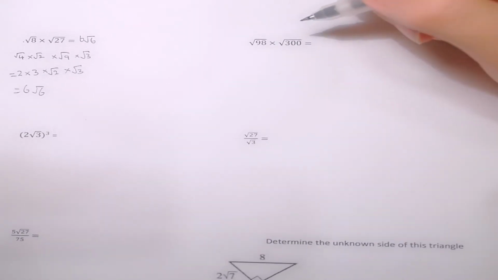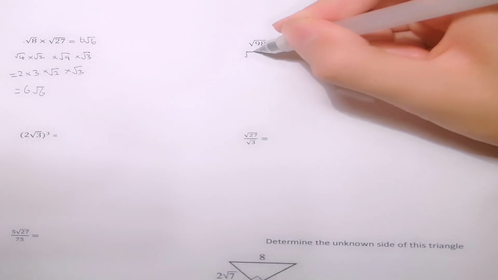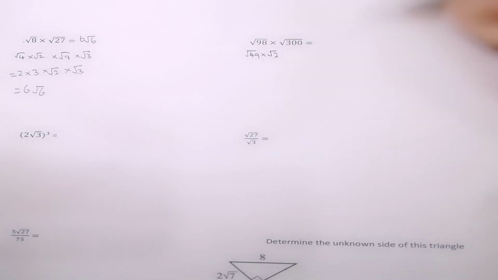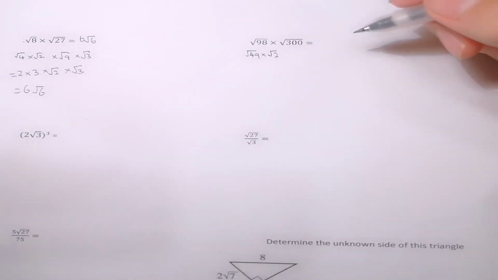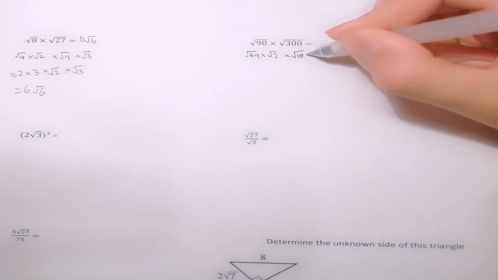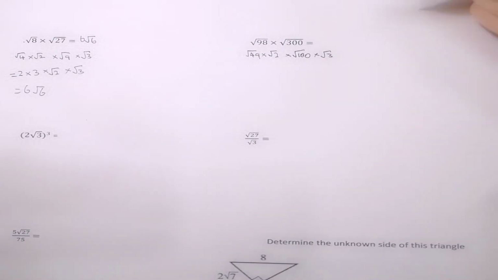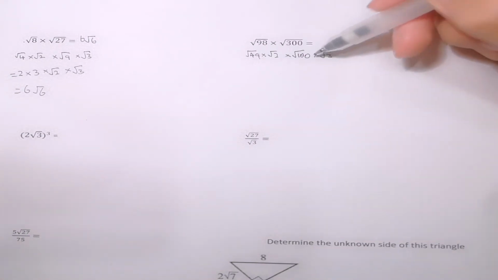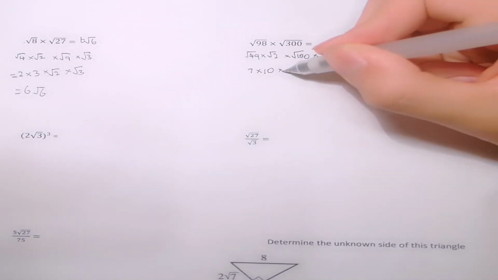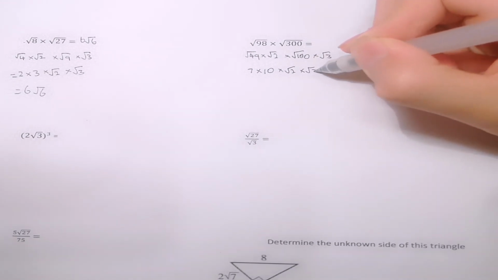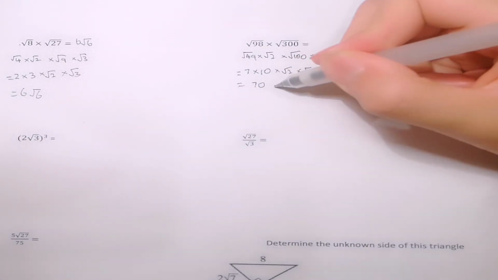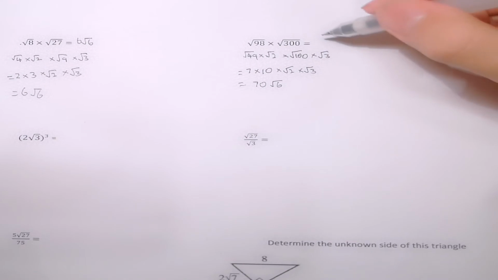If we factorize the square root of 98, we'll get the square root of 49 times the square root of 2, and factorizing the square root of 300, we'll get the square root of 100 times the square root of 3. And 49 and 100 can be turned into 7 times 10, and the rest is still the same. Our final answer will be 70 root 6.